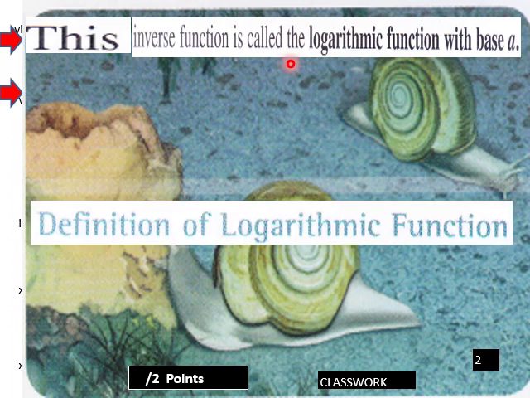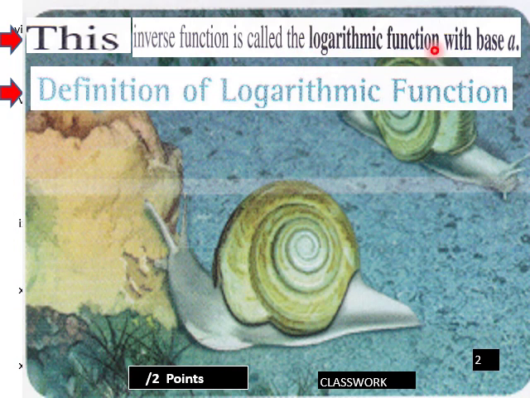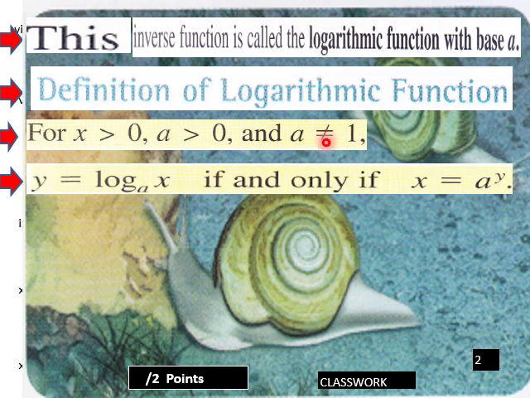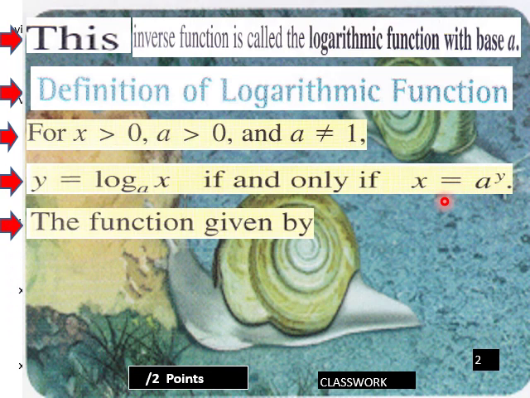This inverse function is called the inverse function with base a. So for an exponential that passes 1 to 1, the inverse will be a logarithmic function with base a. Definition of a logarithmic function: for x greater than 0, a greater than 0, a cannot equal 1, y equals log base a of x if and only if x equals a to the y power.